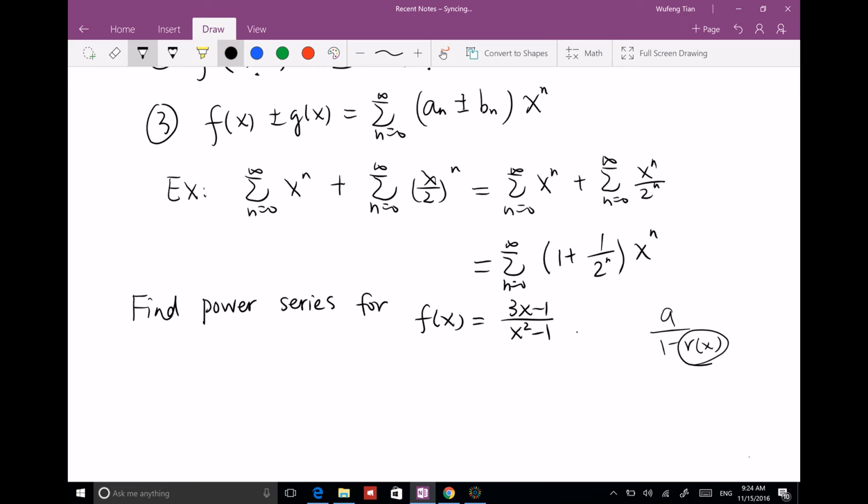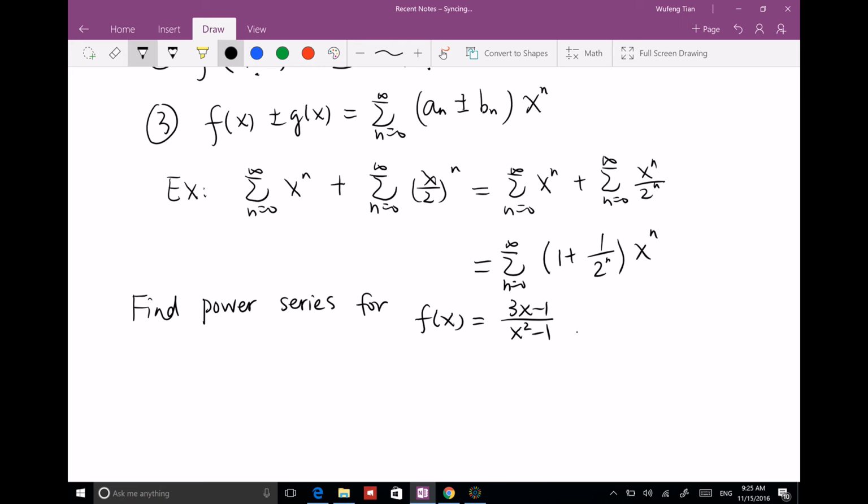But now I have x on the top. What do I do? The problem is I have x on the top. If it's just 3 over x squared minus 1, it's very simple for us to do, right?